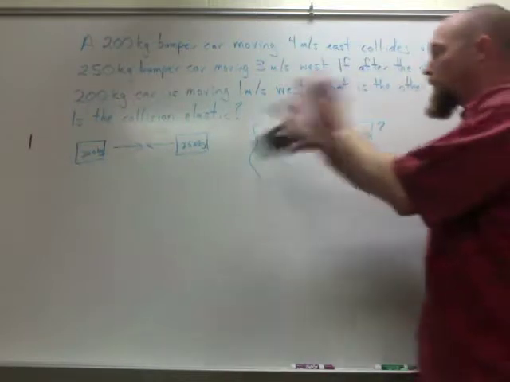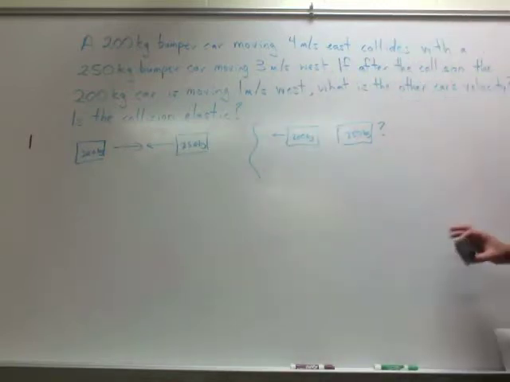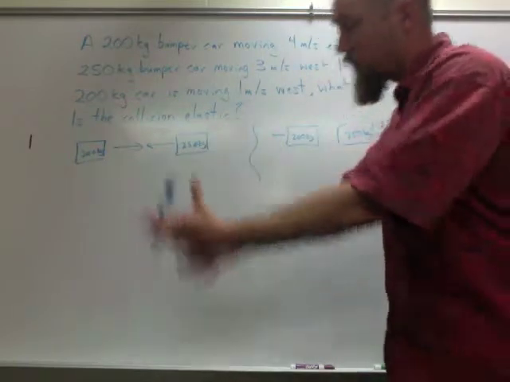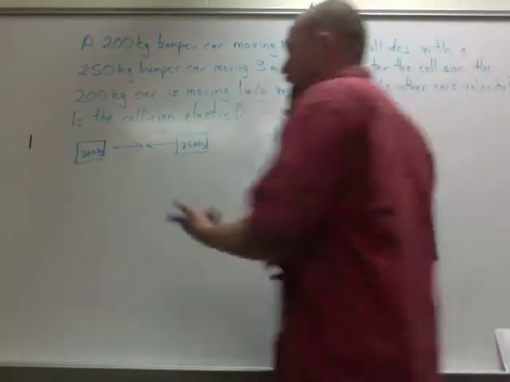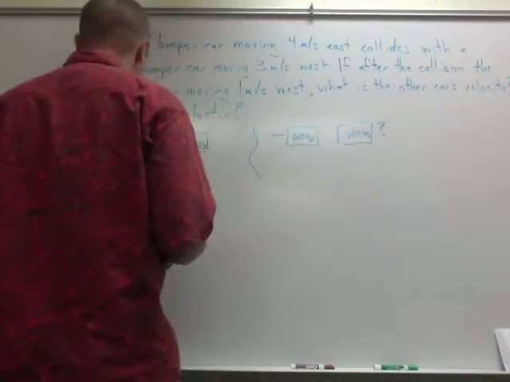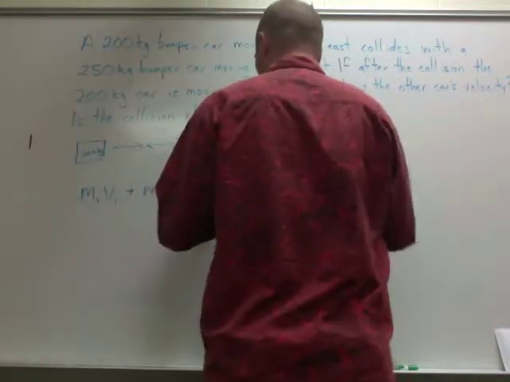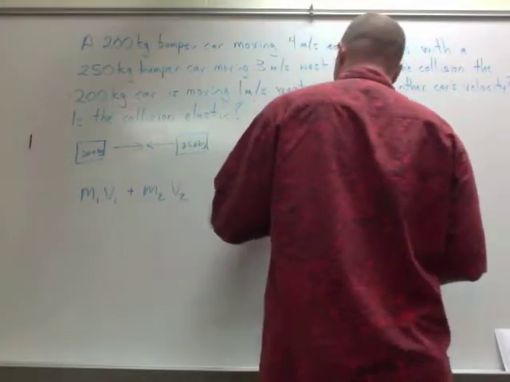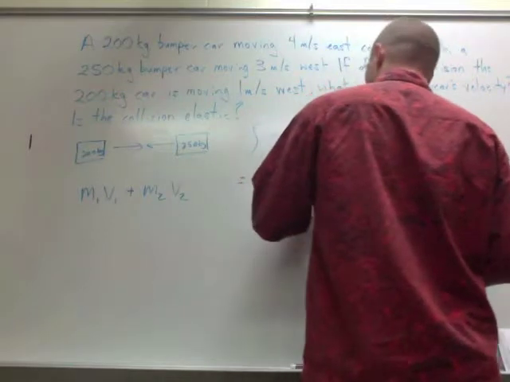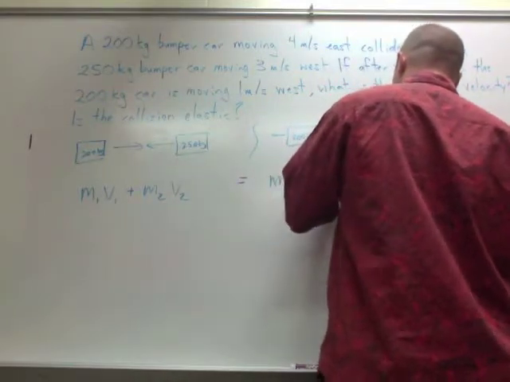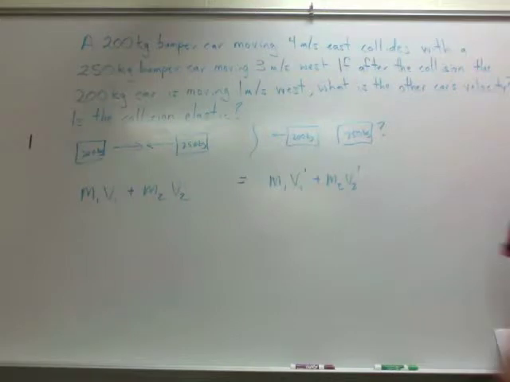Okay, so there's my picture. Remember, conservation of momentum means your total momentum before has to equal your total momentum after. So that means m1v1 plus m2v2 must equal m1v1 plus m2v2 after.